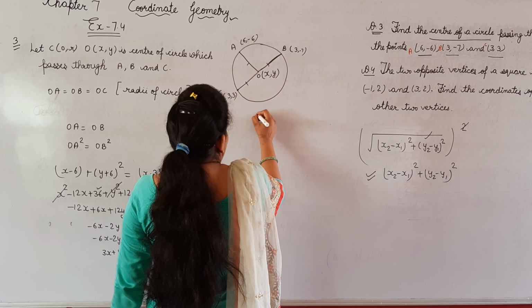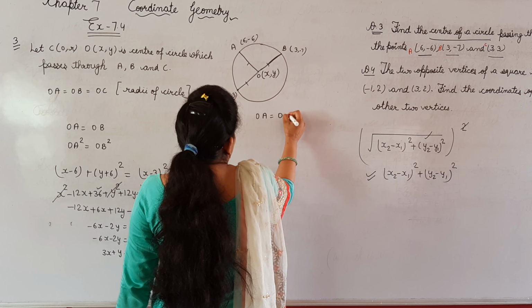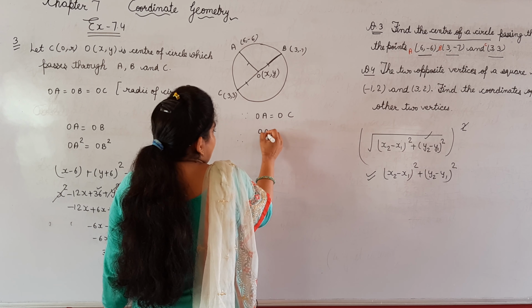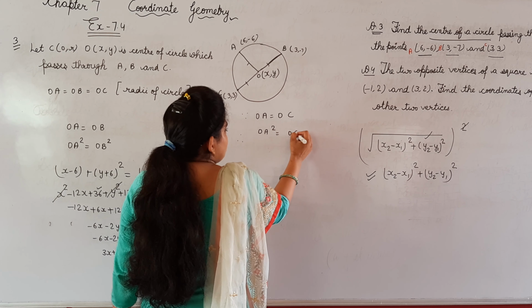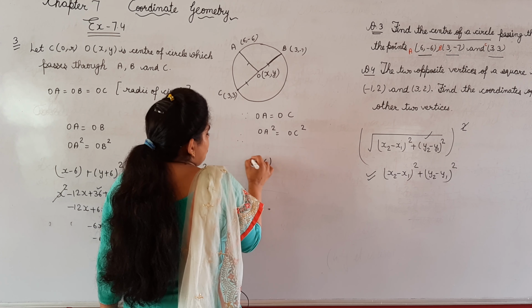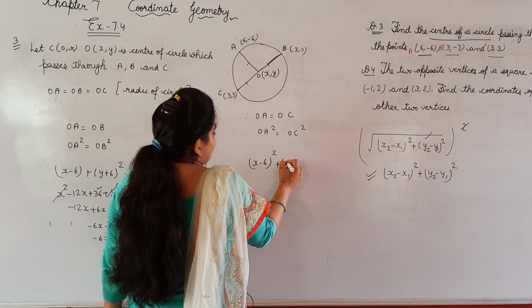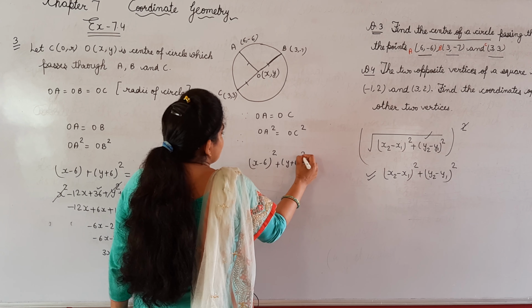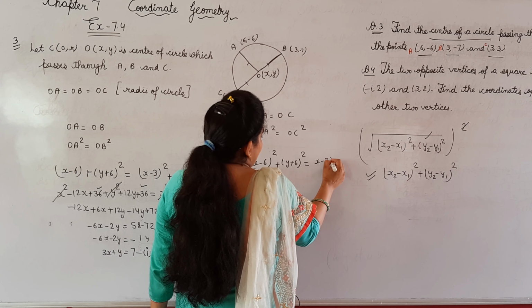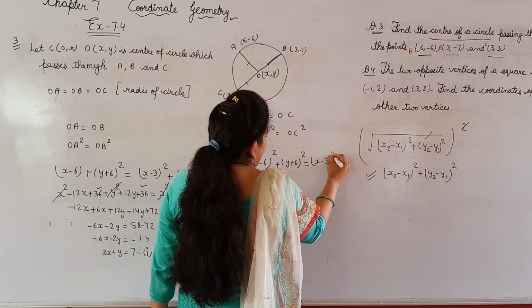What we can write here? OA is equal to OC. So OA square will equal to OC square, and it will equal to x minus 6 whole square plus y plus 6 whole square, and it is equal to x minus 3 whole square plus y minus 3 whole square.